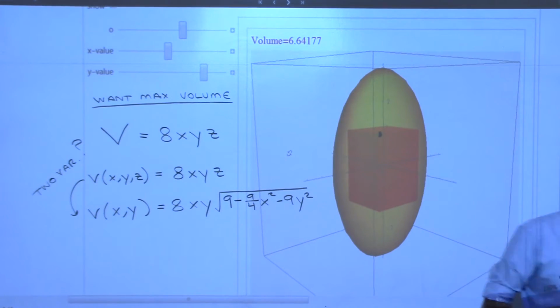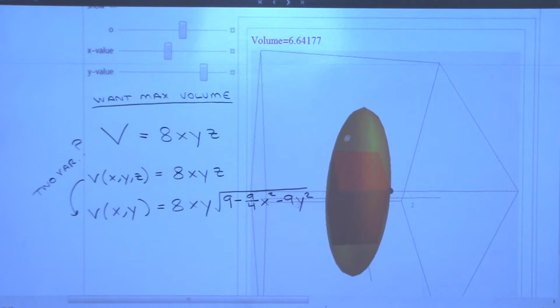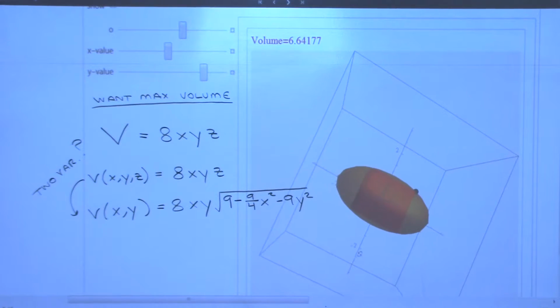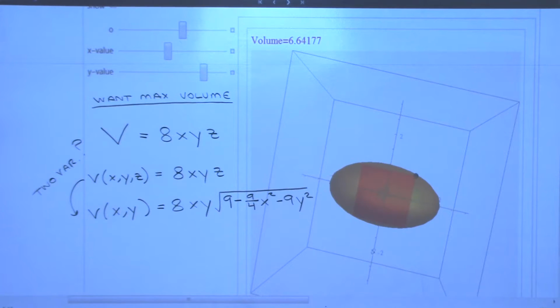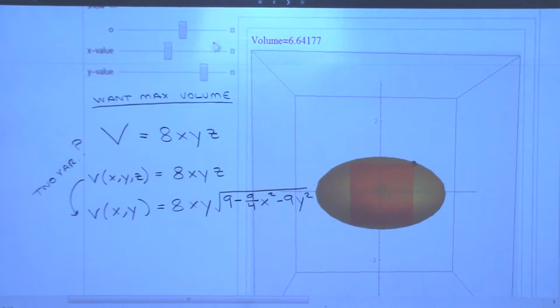What I'm going to do is I'm going to flip this picture over, and we're going to look at it from the top. Okay, let's look at it from the top. Ooh, that's pretty good. Yes? I can change my values of x and y.